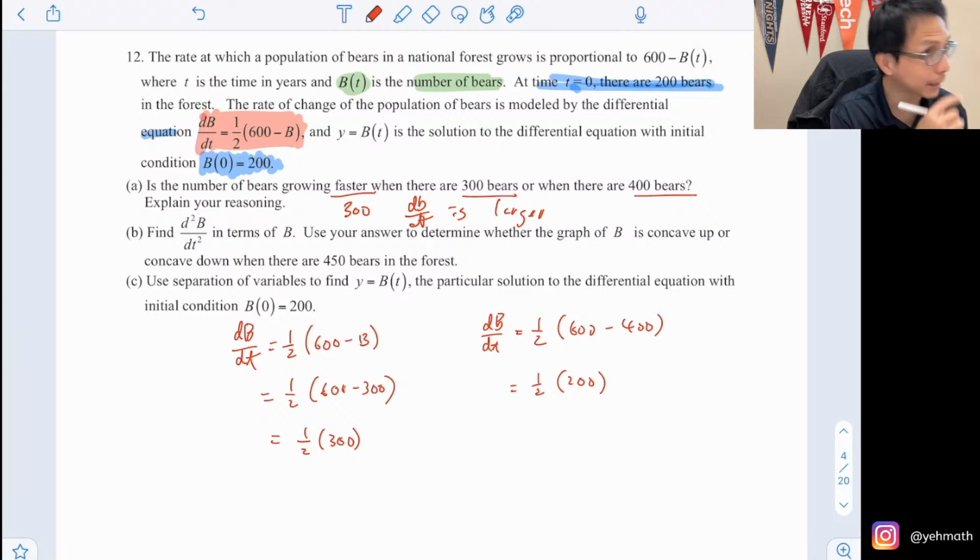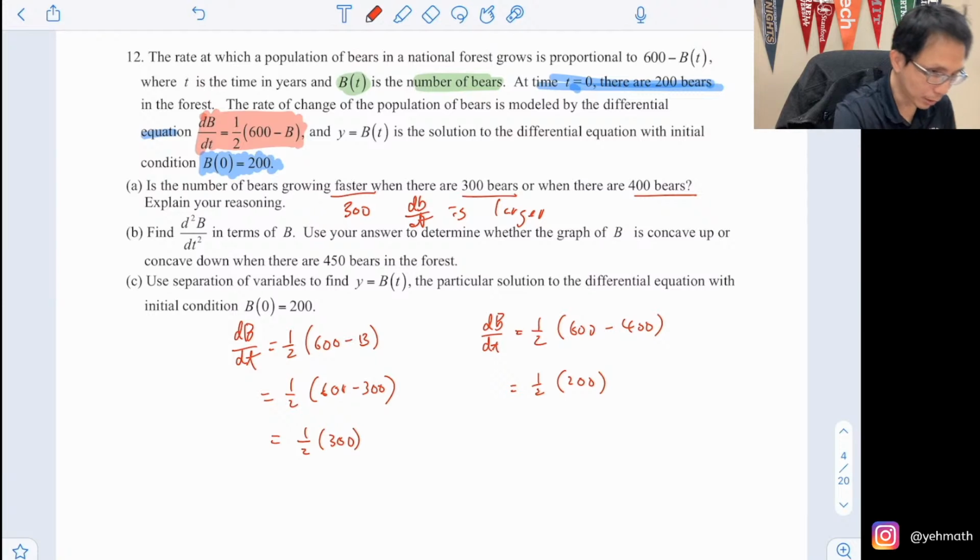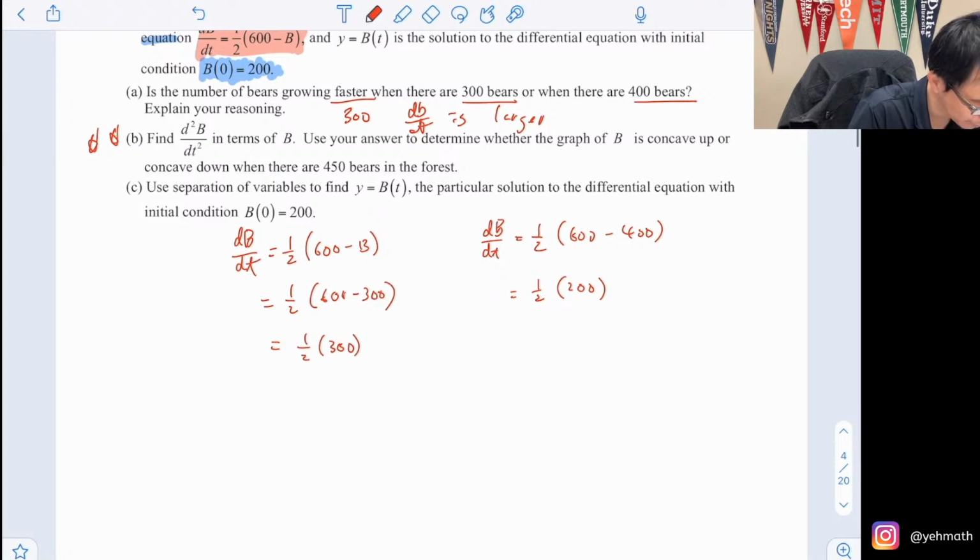Now I want to add something additional on part B. Part B has a lot of interesting things, and they will ask you about it in different formats on the multiple choice. It's really important. We did talk about this, but I want to stress something. They're looking for d2B/dt squared.